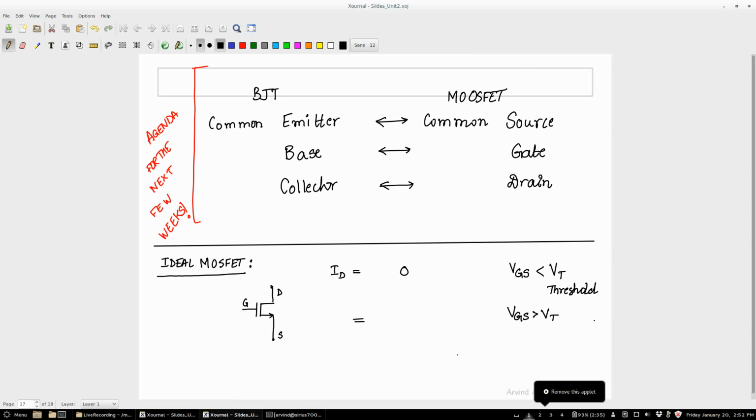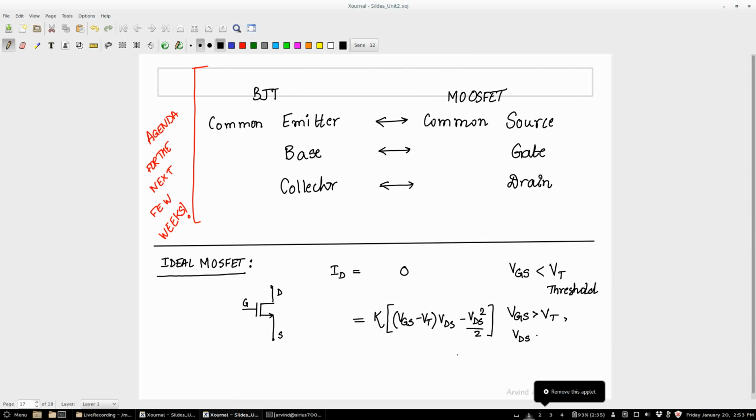Okay, then when VGS is greater than VT, think and answer please. This is not a digital circuit. Yes, yes. So I'll give those conditions. Okay. So you have this. That's why I'm writing it down.